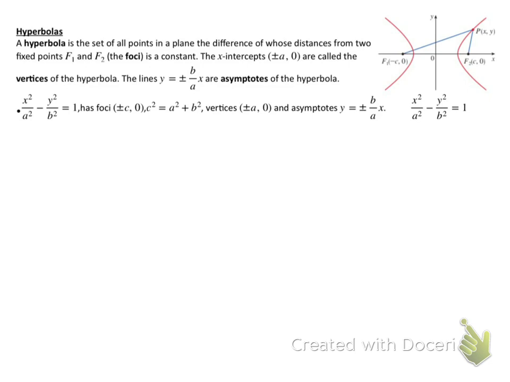It's a constant. Okay, so here we have F1 and F2, which are the two foci, and then the x-intercepts are called vertices. So this is negative a and a. Okay, these are the vertices.